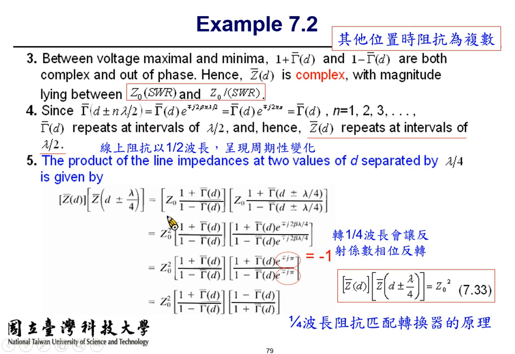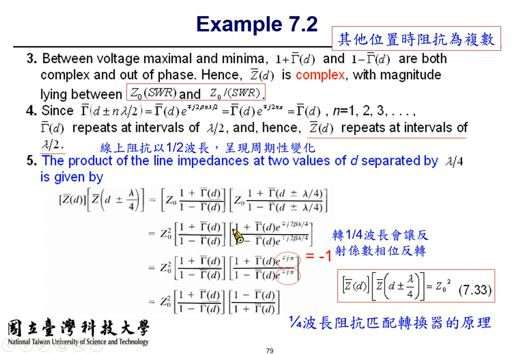And this quarter wavelength principle is valid for any two points on opposite ends of the constant SWR circle. So here is the derivation.